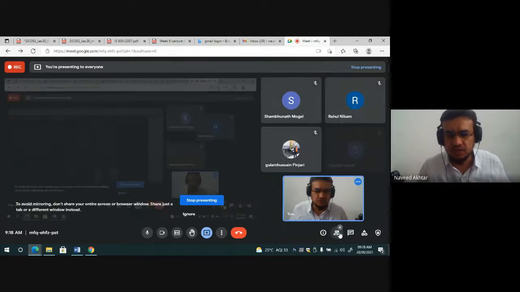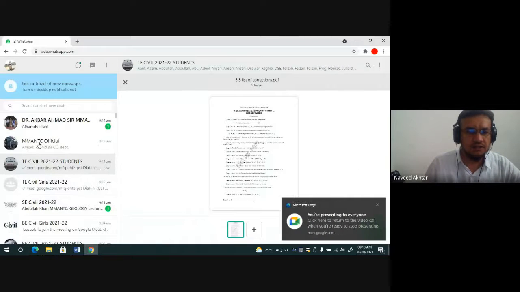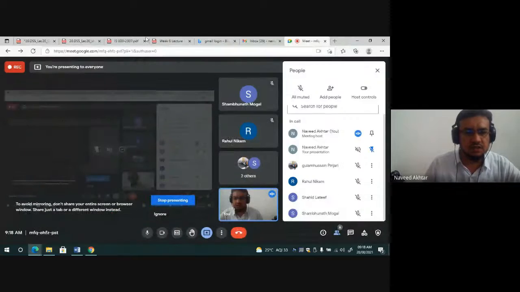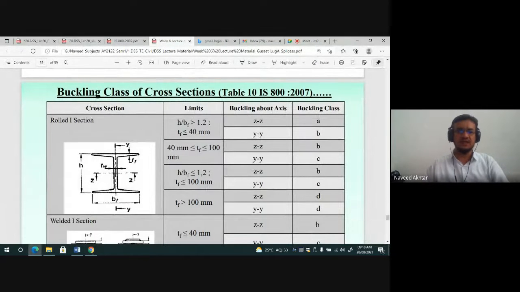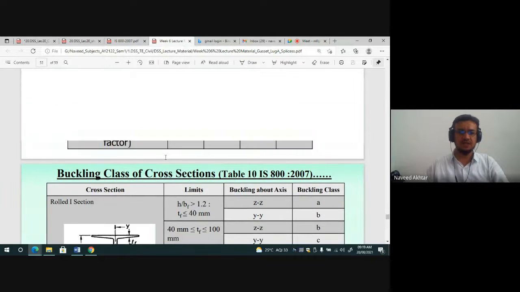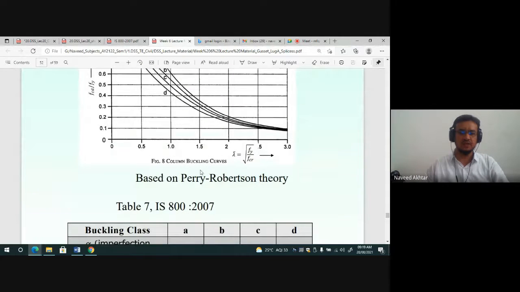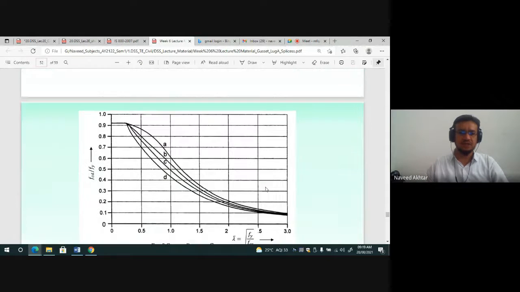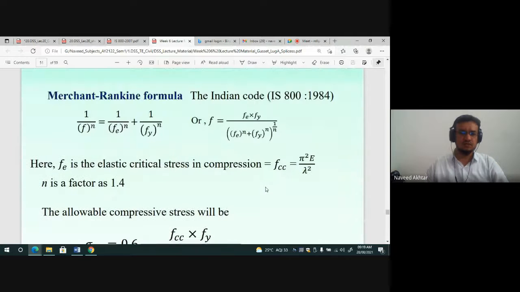Okay. So this one is our buckling classification of the section. What is the buckling class? The buckling class is given by the theory of the previous days in the IS code, the Perry Robertson theory. This classification is used.